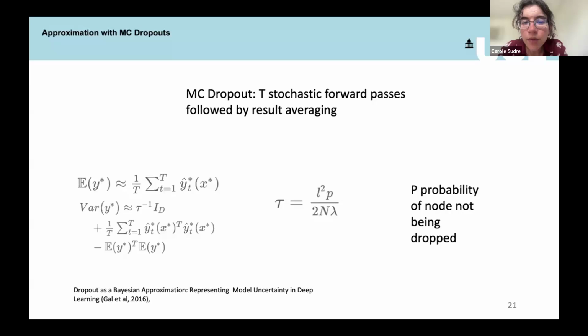So with MC dropout, you do T stochastic forward passes, and then you do your result averaging, and here's how you calculate your variance based on that. And the P here is the probability of a node not being dropped in your dropout. That's probably one of the most used methods for a Bayesian approximation for model uncertainty.